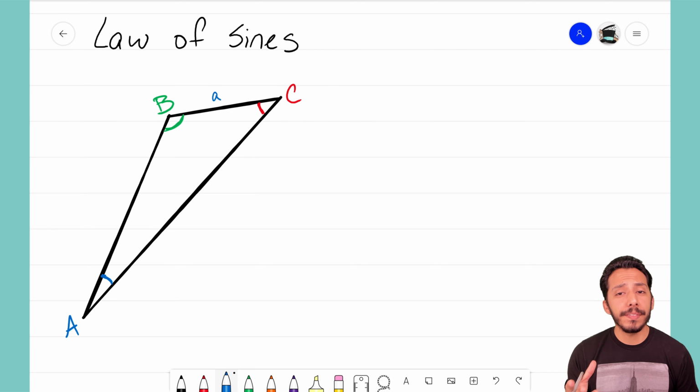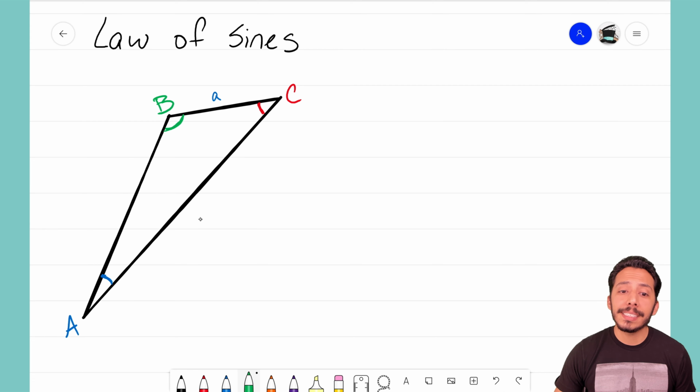So normally when we have a variable for triangles, the lowercase letter represents the side, and the uppercase letter represents the angle. The angle and the side both have the letter A, and they correspond to each other in the sense that side a is just opposite of angle A.